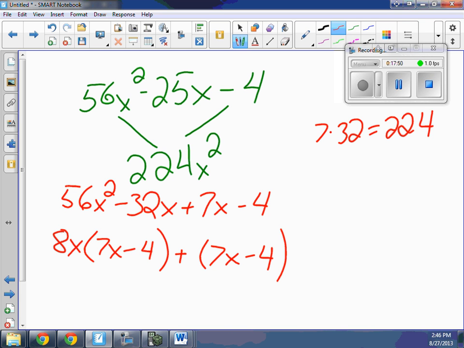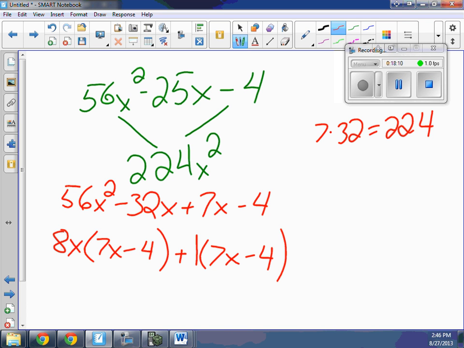Nothing factored out. Yes, you can always pull out a 1 without changing it. Now, if you ordered your 32 and your 7 in a different way, then you wouldn't run into this problem. Well, actually, you probably still would, but it would just be the opposite problem. So that's going to be a 1.